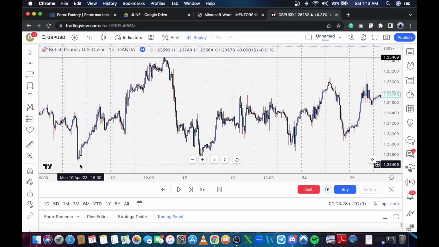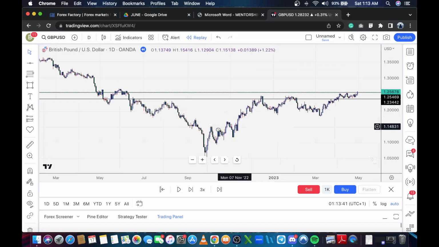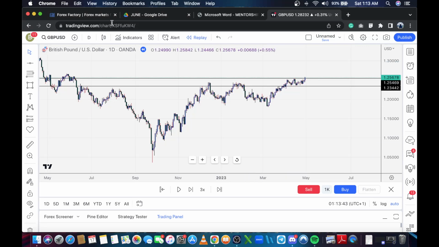So we have this as our origin, which starts our higher time frame range. We have this as the terminus, where we're anticipating price to trade up into. Now remember, what has price been doing prior to this consolidation? Price has been bullish, and we're expecting the market to run for the buy side liquidity that is up here.